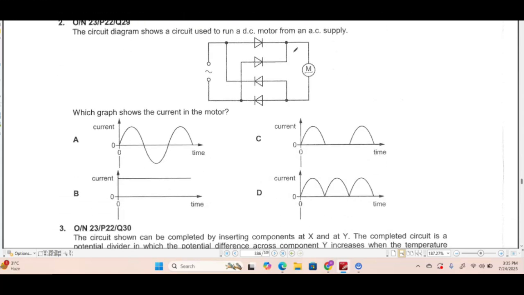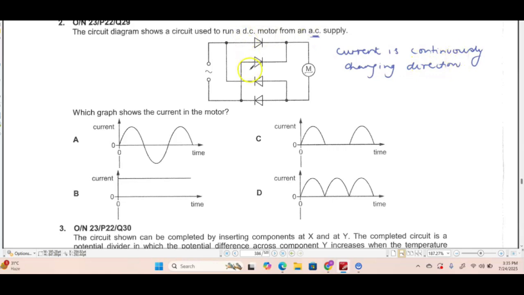Question number 2. The circuit diagram shows a circuit used to run a DC motor from an AC supply. Now we know that whenever there is an AC supply, the current is always continuously changing direction. But this diode is everywhere.